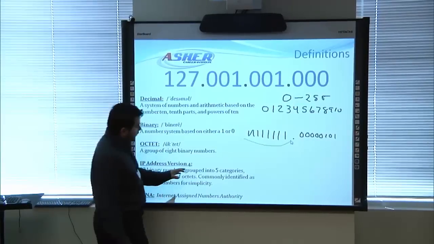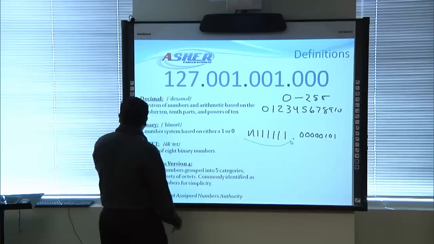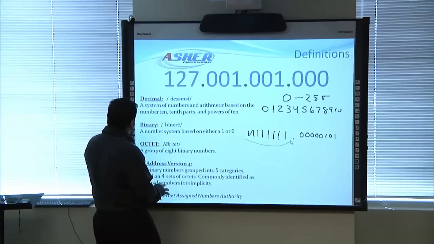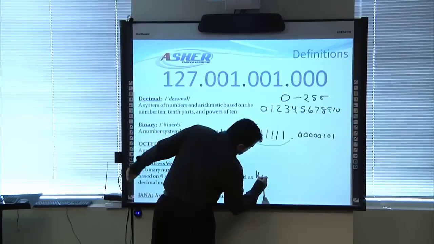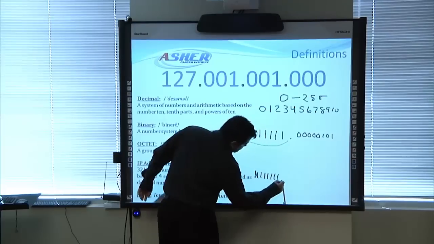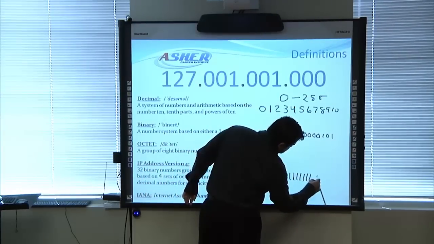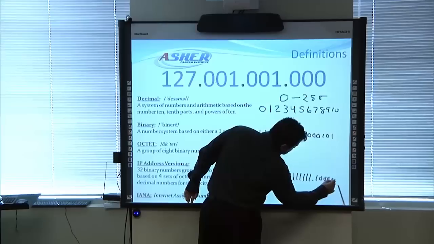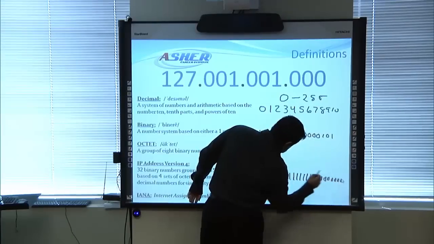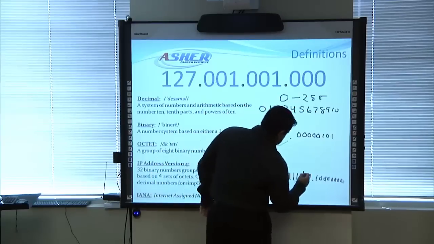32 binary numbers grouped into 5 categories. So first we've got 32 binary numbers. Let me draw that out. Uh-oh, run out of space here.